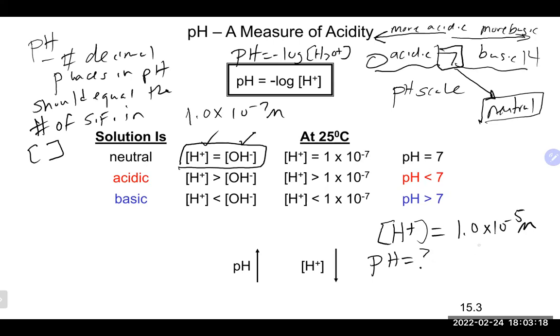That is what your calculator spits out at you, a pH of 5. So that's the first step, right? You get a pH of 5, hopefully on your calculator when you do it.